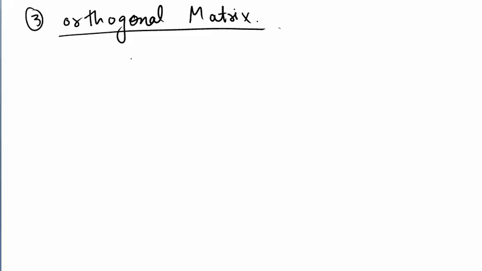If A into A transpose comes out to be I, that is the identity matrix, such matrices are called orthogonal matrices. This is a simple property which you should remember. It will help us in solving questions in the later stages.